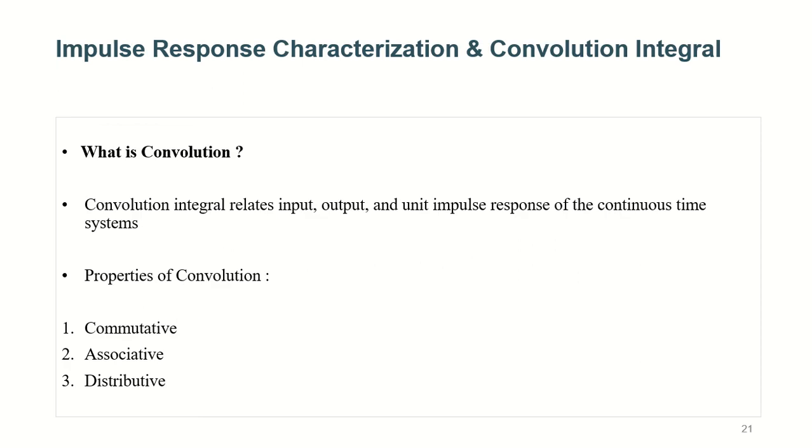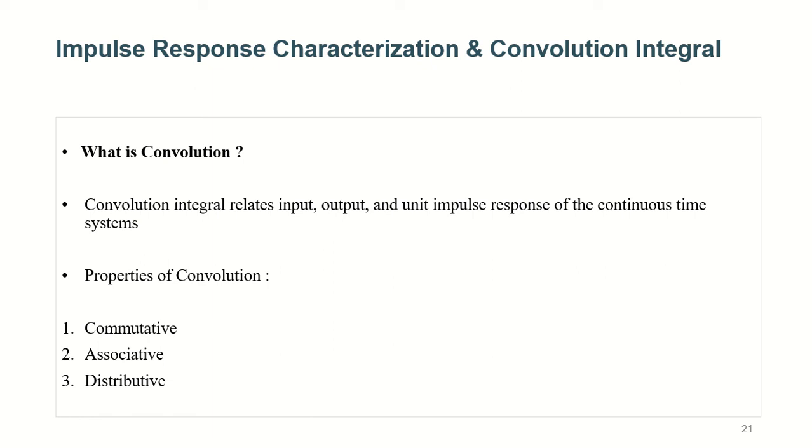Now let's come to the impulse response characterization and convolution integral. So firstly, the question is, what is convolution, right? What does it do? Again, it deals with input and output, but this time of unit impulse response.